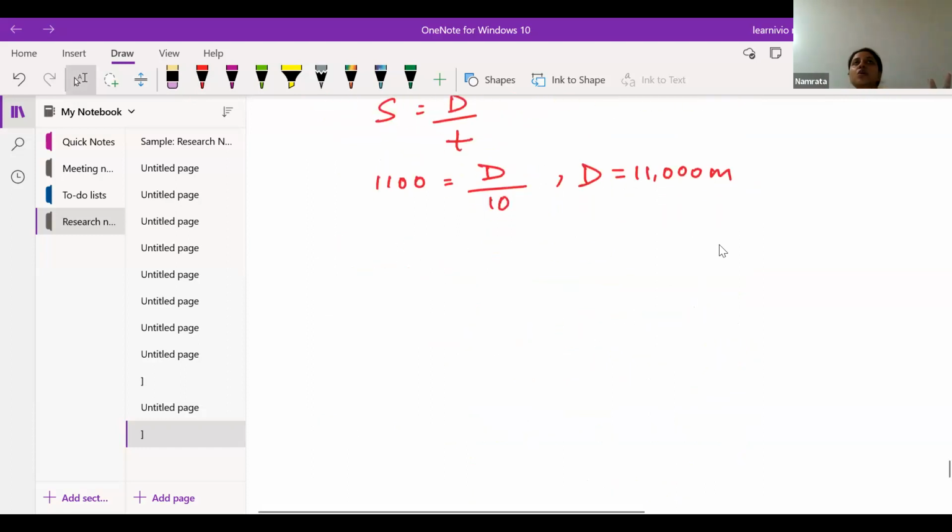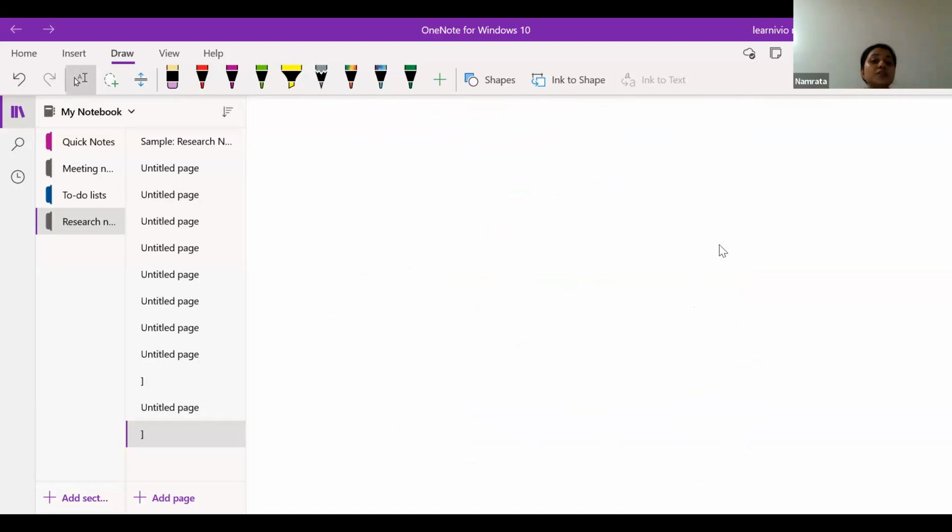Like 1 pen costs 20 rupees. And if you have 1,000 rupees, how many pens will you get?